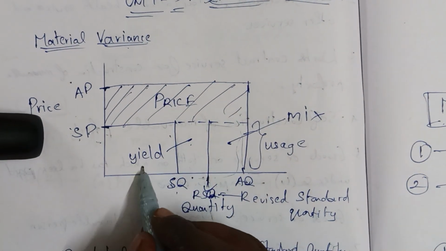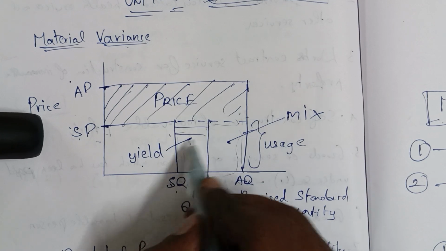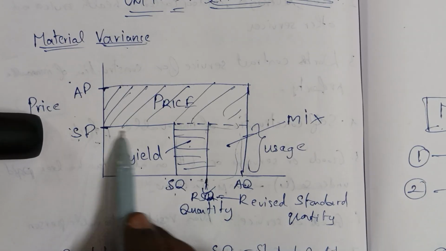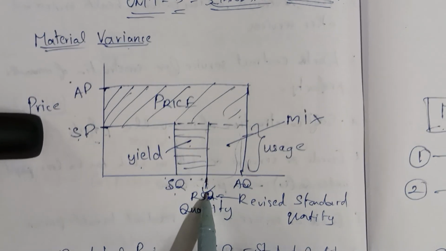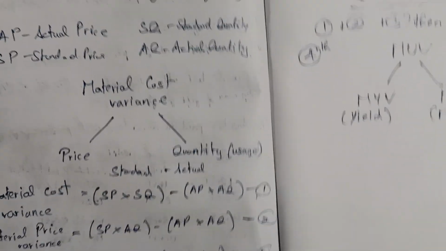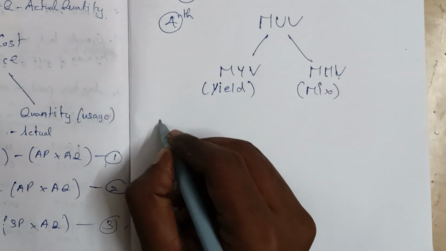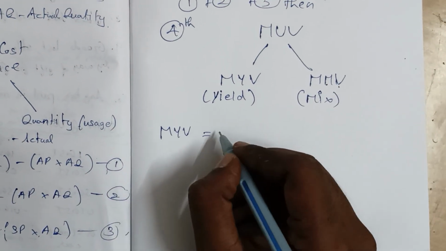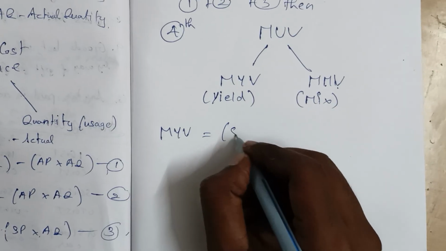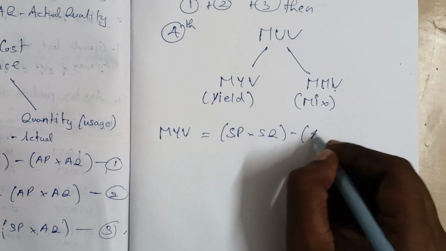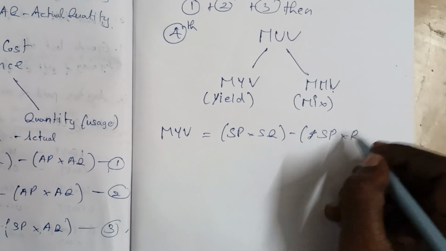So if you want to find yield, you only want this part. How will I do that? Standard price, standard quantity, standard price, revised standard quantity. MYV is equal to standard price into standard quantity minus standard price into revised standard quantity.